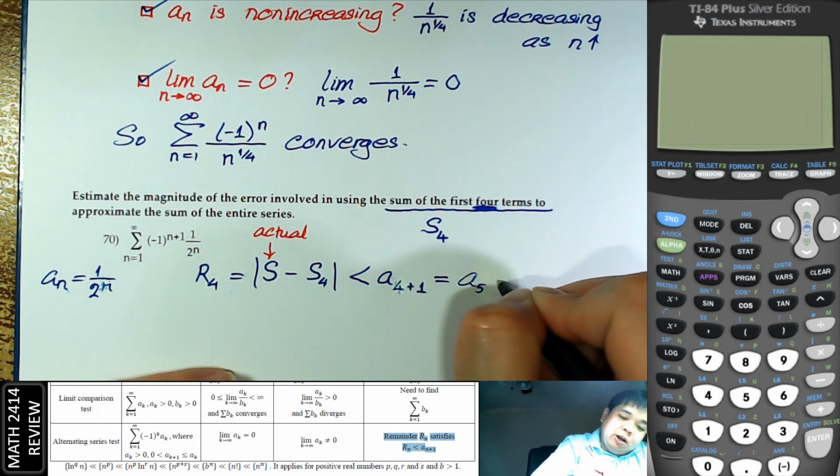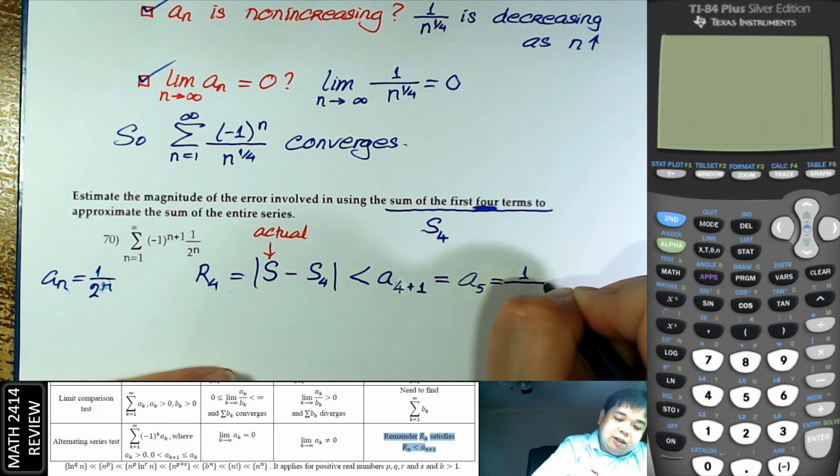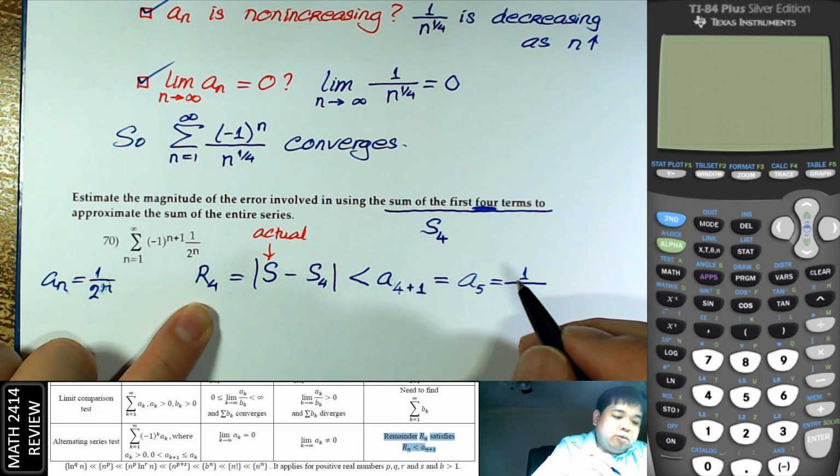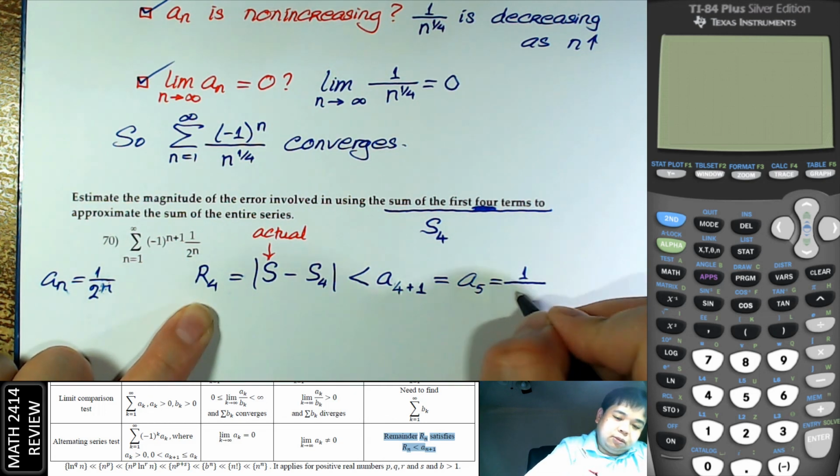So the error will be no more than a of 5, and that is equal to 1 over 2 to the 5th.